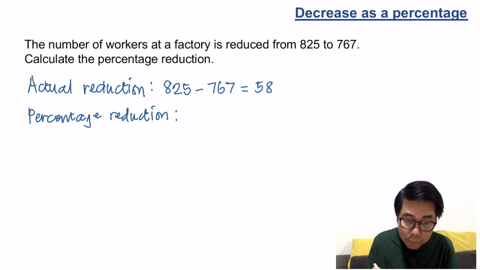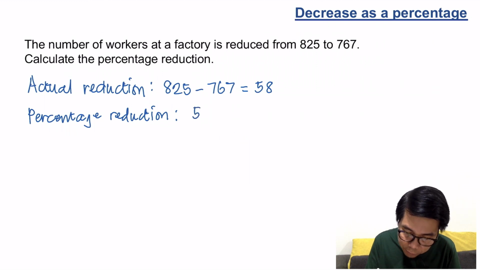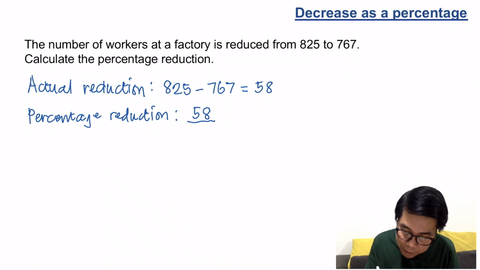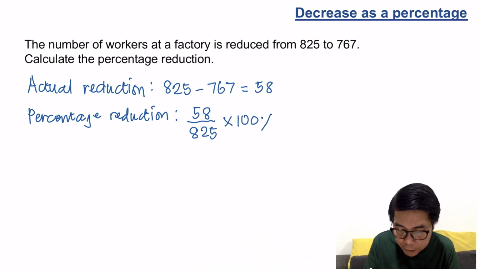Which is 58, get the fraction, 58 out of, originally, 825, so divided by 825. That's the fraction, times 100%.